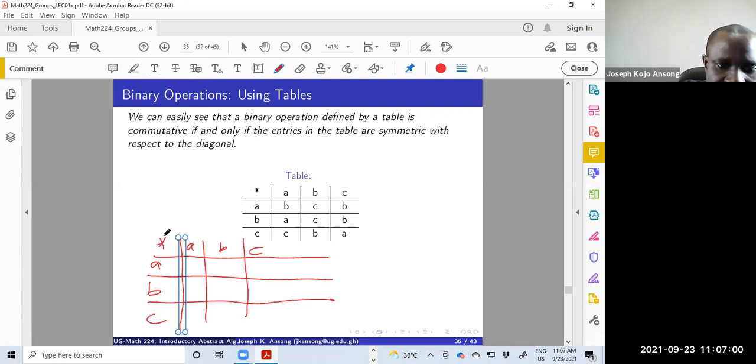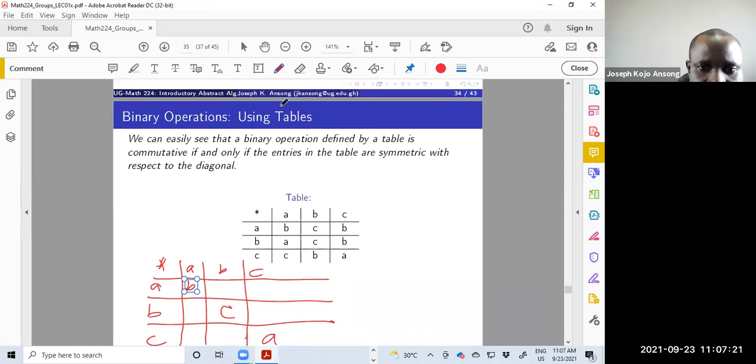The star is here. This is how we do it. Now, A and A, that's okay, so let's put a B there. B and B, we are not concerned about that. C and C is A here, so that's okay.